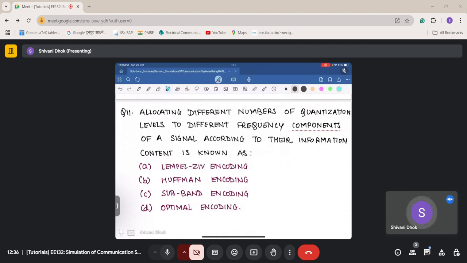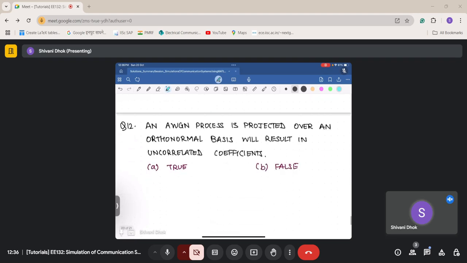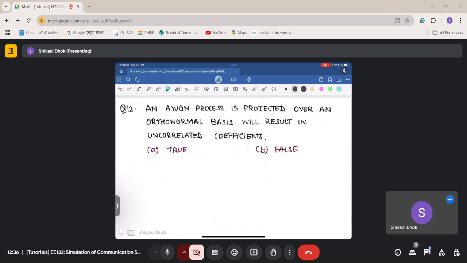Then based on their contents, you will look at the information in that particular sub band of the frequency and then do encoding. So based on each sub band of your frequency, you will do encoding. So therefore, this is the way in which you do sub band encoding. This is not the way you do Lempel-Ziv or any other Huffman or optimal encoding. Let me move on to the next question now.